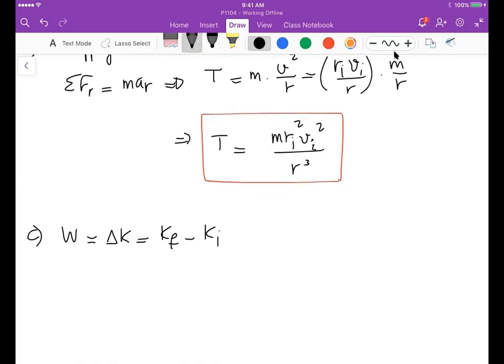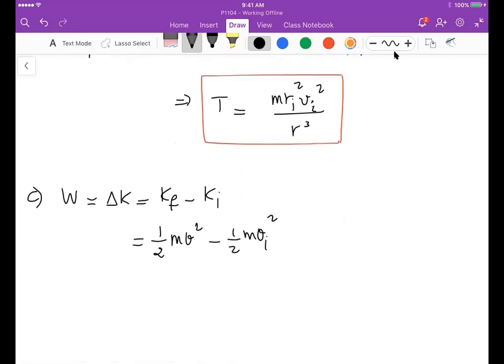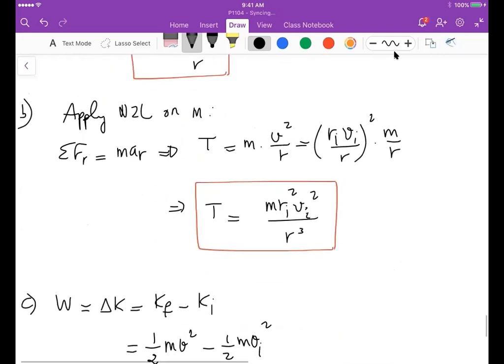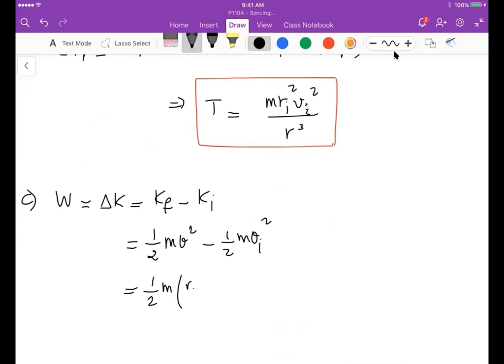Now, in K final we have V, and VI initially. So let's apply the translational expression for the kinetic energy. It is half M V squared in the final state minus half M V initial squared. So we can write half M times V squared, which will be Ri Vi over R, so ri squared vi squared divided by r squared, minus half M vi squared.